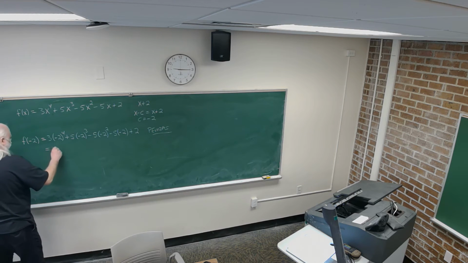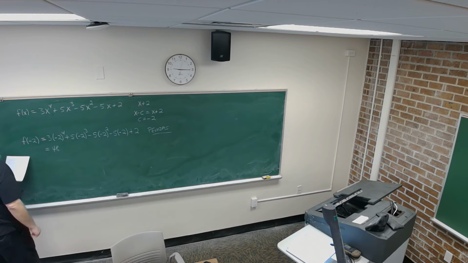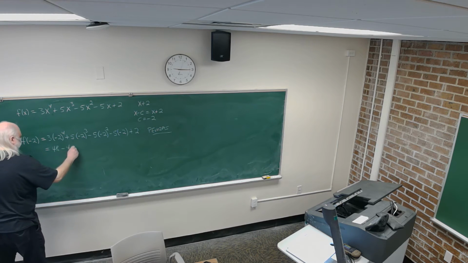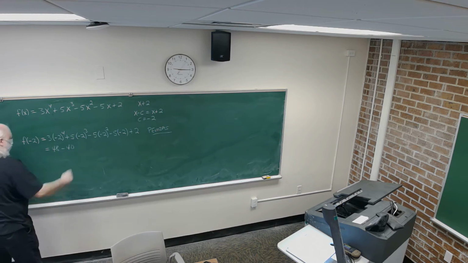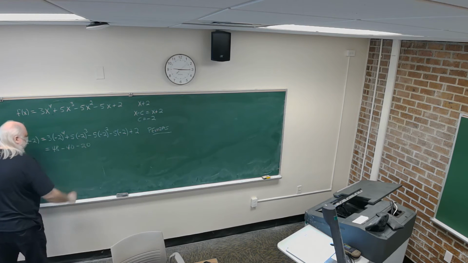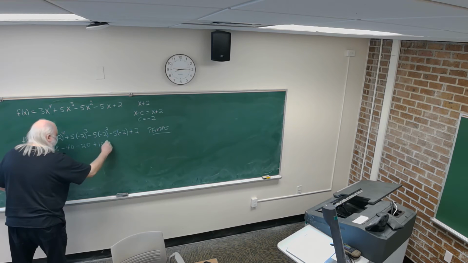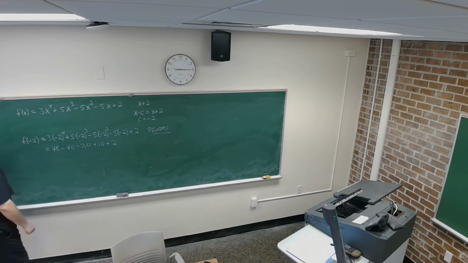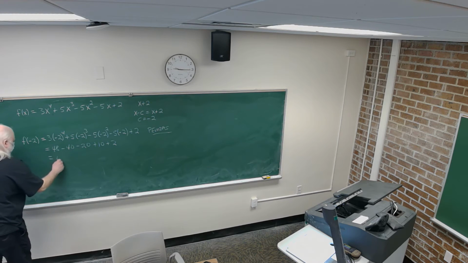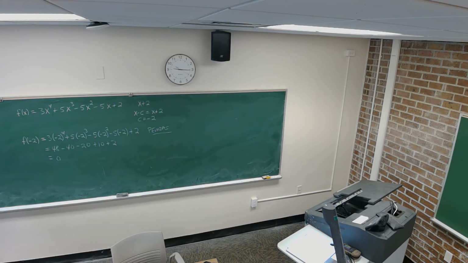The first term I got is equal to 48. The second term is equal to minus 40. The third term is equal to minus 20. The next term is equal to plus 10. And we've got the constant term plus 2. And then when you do that addition and subtraction, I got 0. So f of minus 2 is equal to 0.